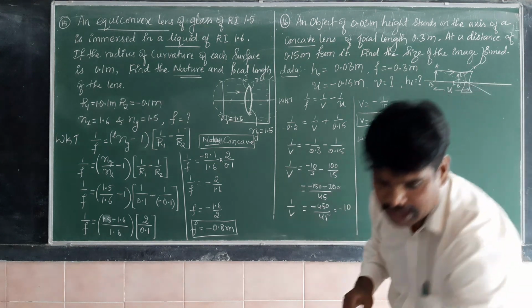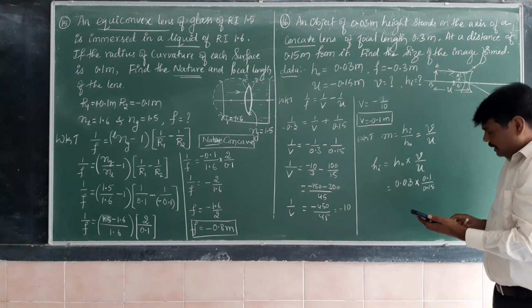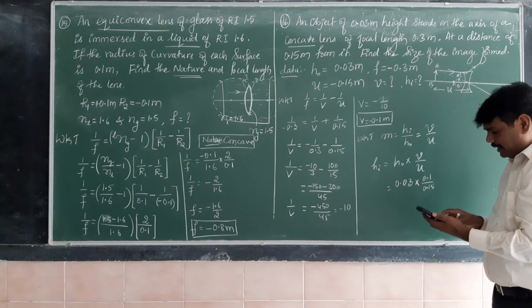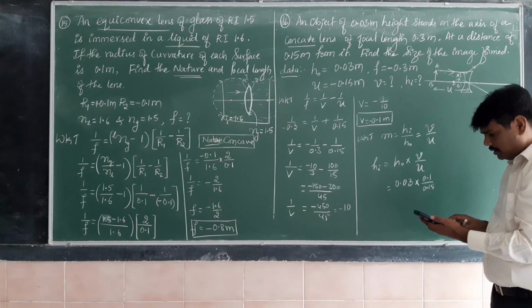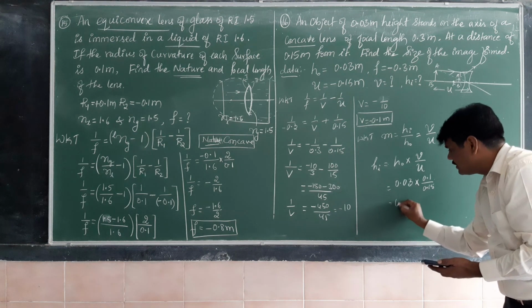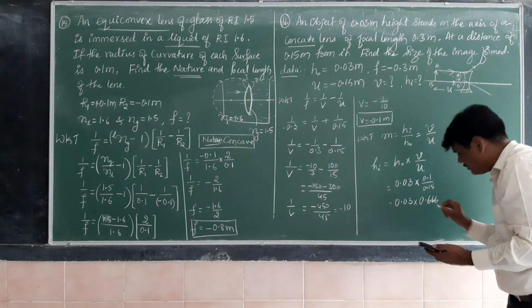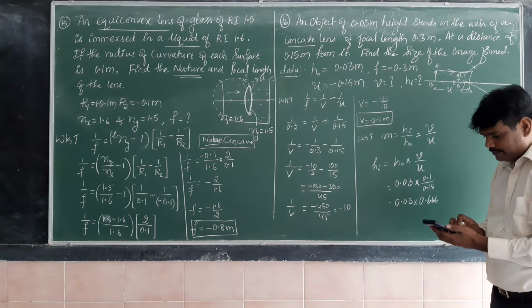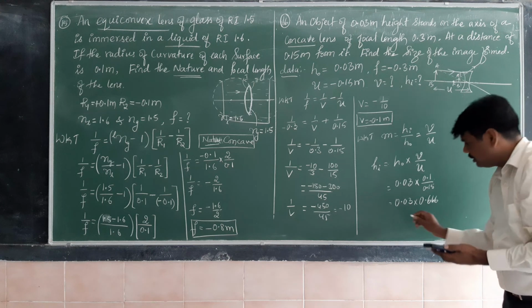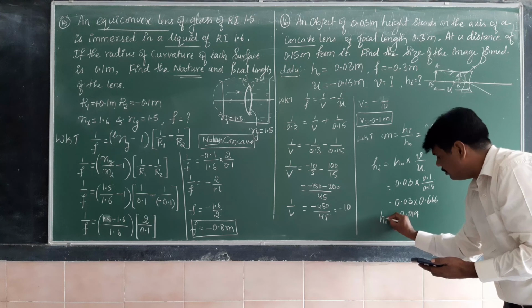Using the calculator, 0.1 divided by 0.15 gives 0.666. 0.666 multiplied by 0.03 is equal to 0.019. This is the height of the image.